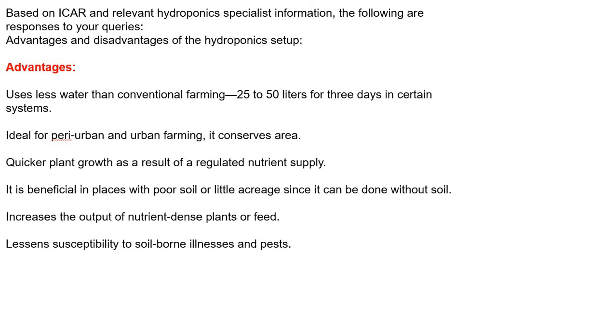It is beneficial in places with poor soil or little acreage since it can be done without soil. Increases the output of nutrient dense plants or feed. Lessens susceptibility to soil-borne illnesses and pests.